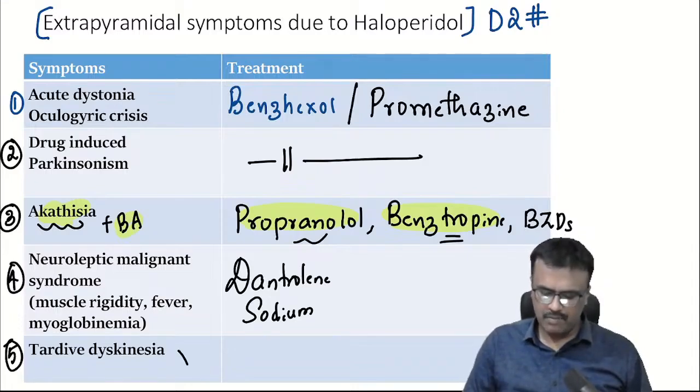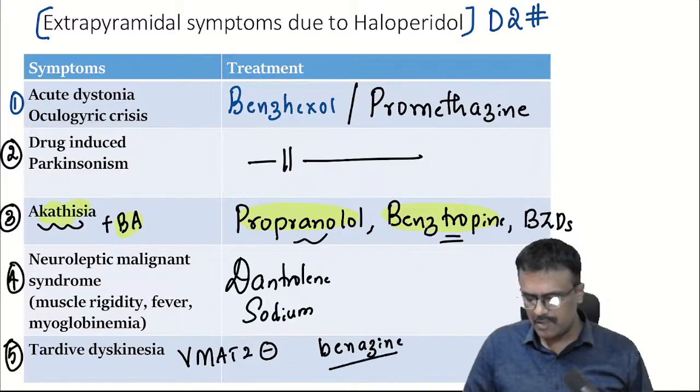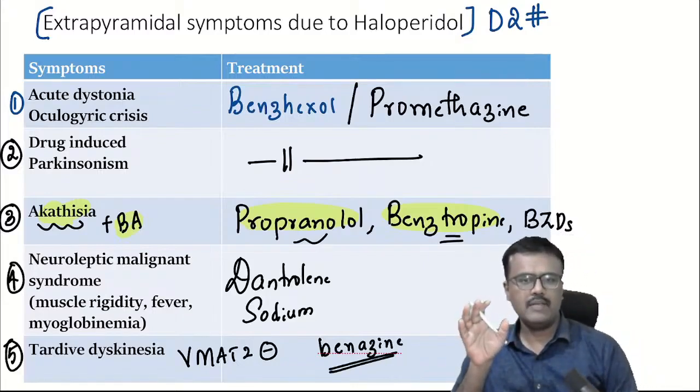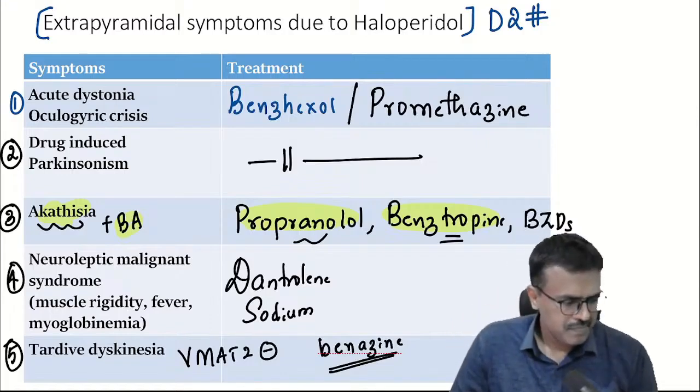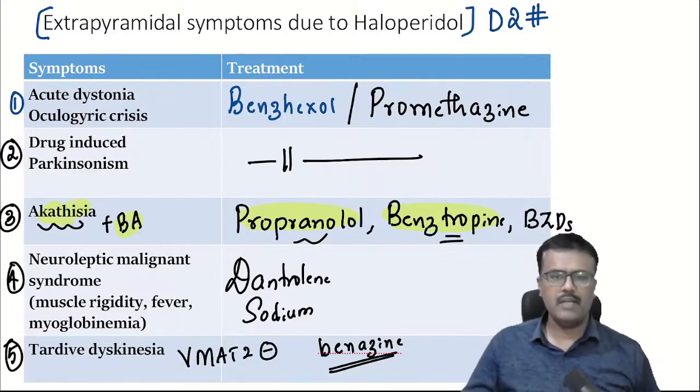For that, we have VMAT2 inhibitors and they end with benazine, valbenazine, tetrabenazine, like that.